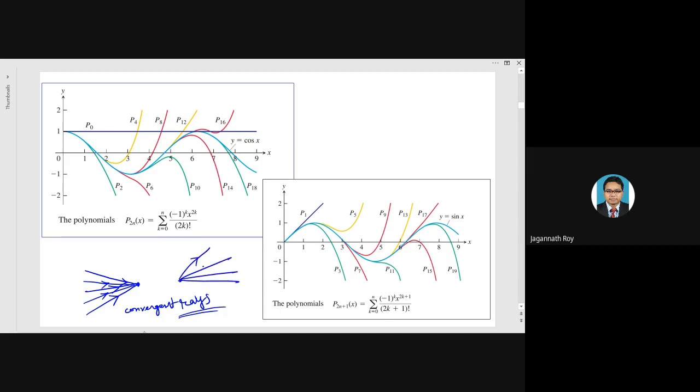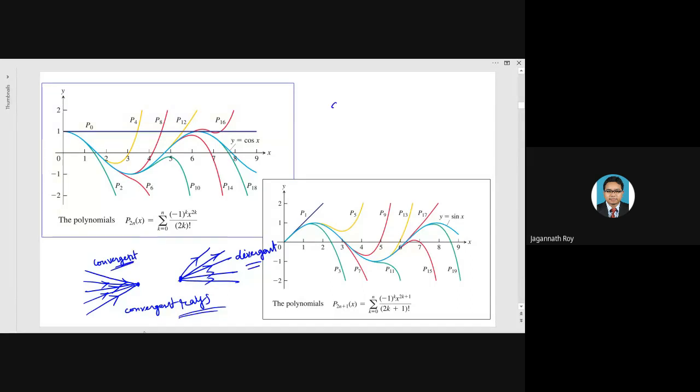From one point, they disperse. They go away from each other, and here they converge to one point. From one point, they are diverging. So this is called divergent, and this is called convergent. Briefly, roughly speaking, this is convergent and this is divergent.